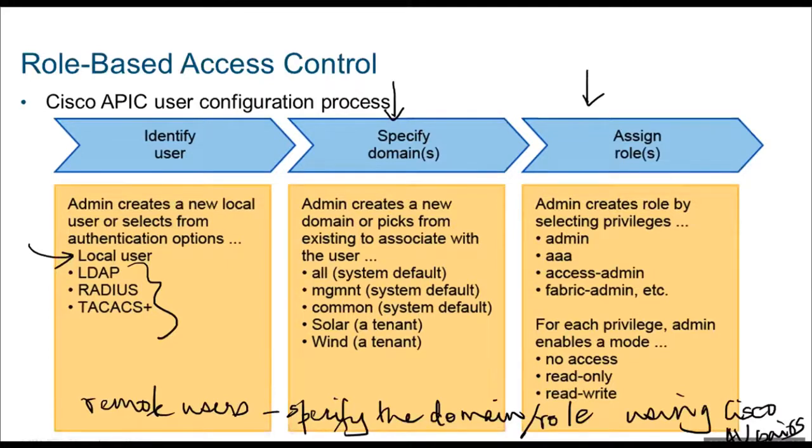Suppose I associate this tag solar with a tenant called pod 10 and a tenant called pod 11.